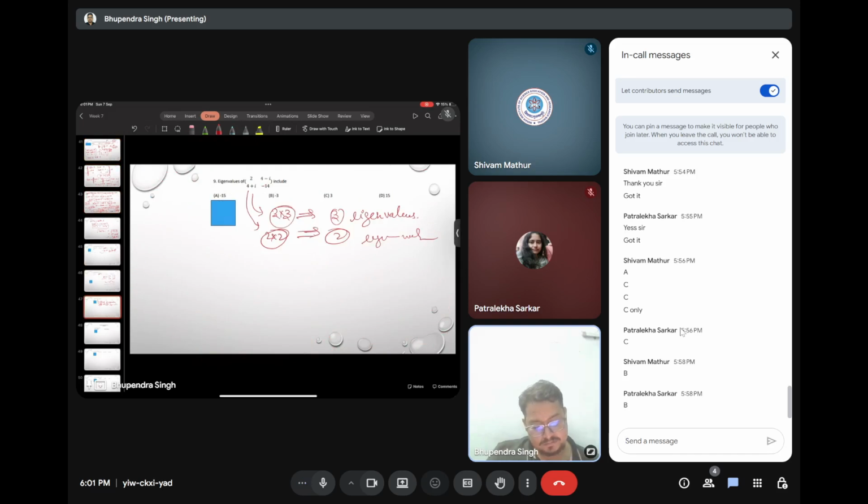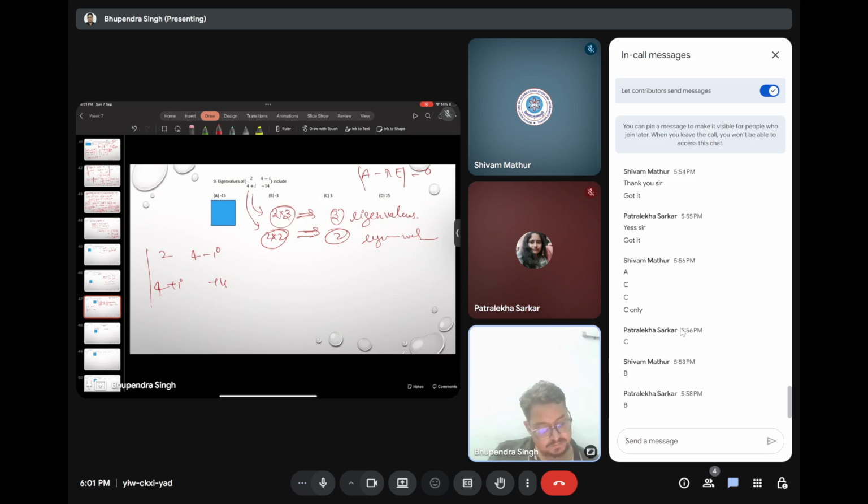Same thing. For the matrix with entries 2, 1, 4 minus i, 4 plus i, minus 14, it is A minus lambda I equal to 0.